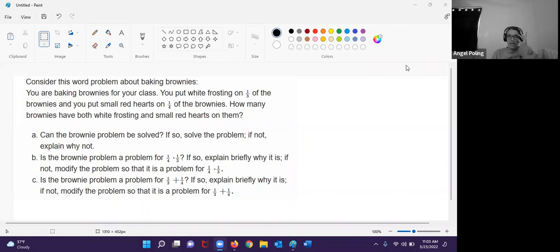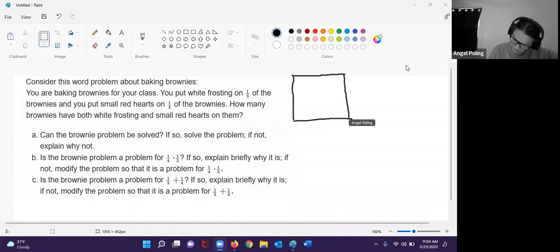And it is neither. It could be either. It's not clear. It could be that we frosted a third of the cake, right? Oh, brownies, sorry. So in terms of cutting our, let's label it.